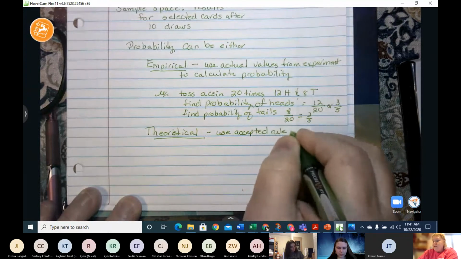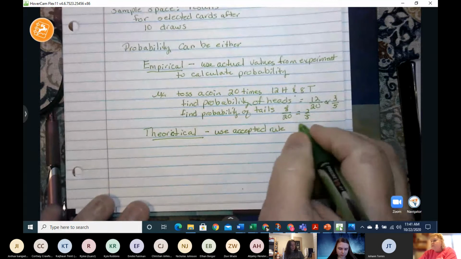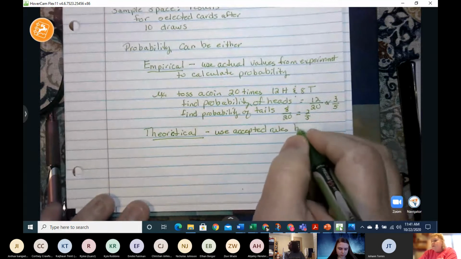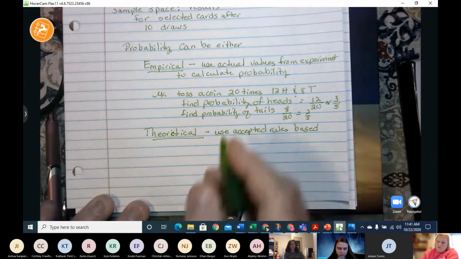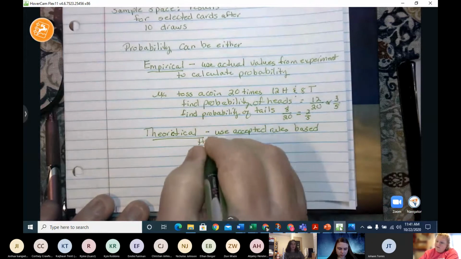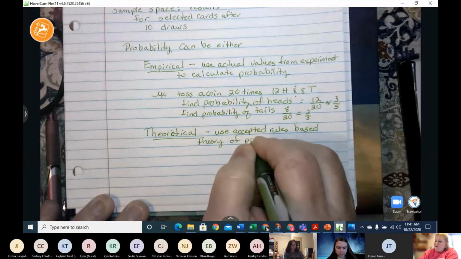And in using theoretical, we use accepted rules that have been based on the theory of past experiments.